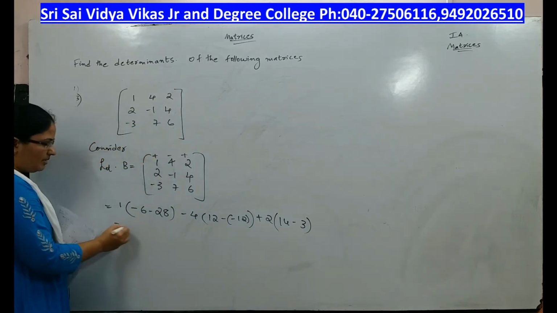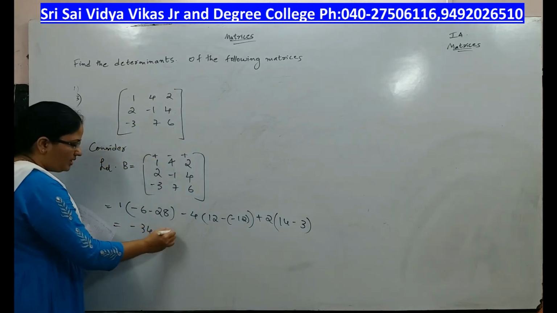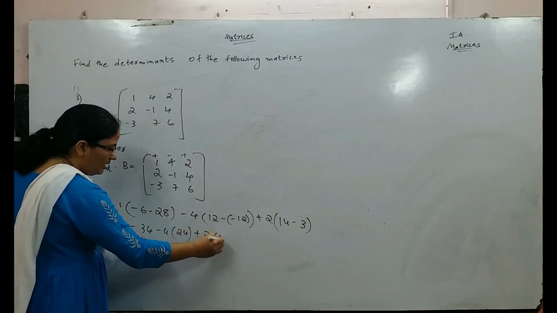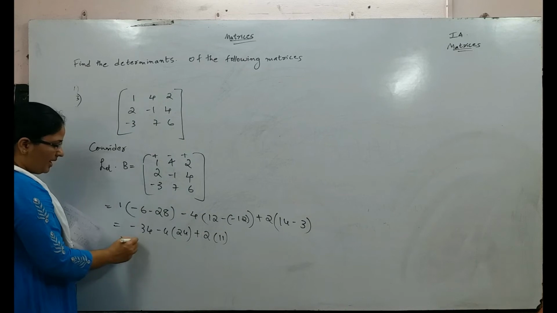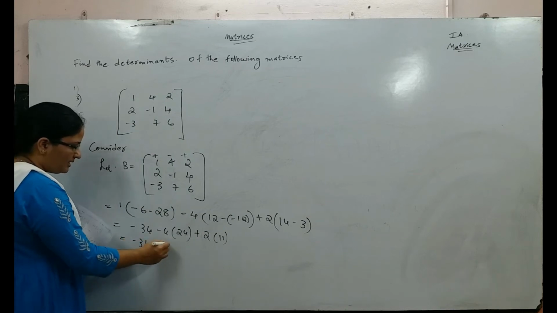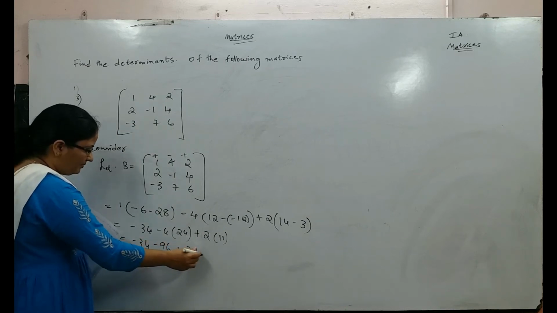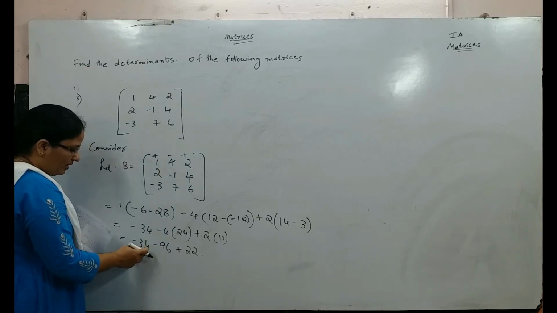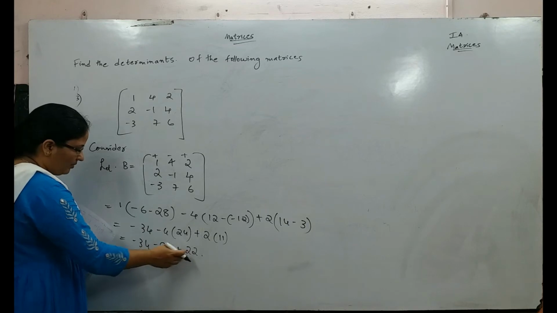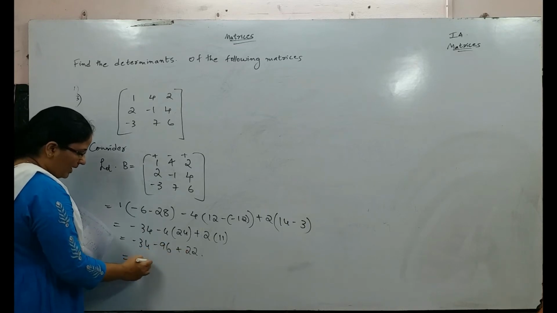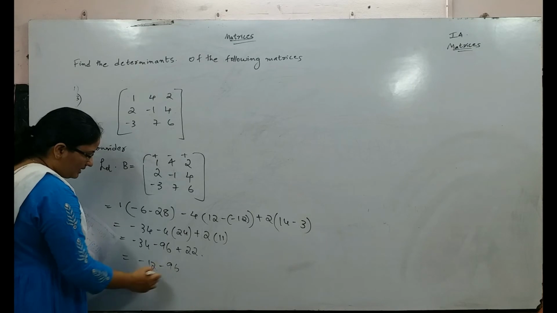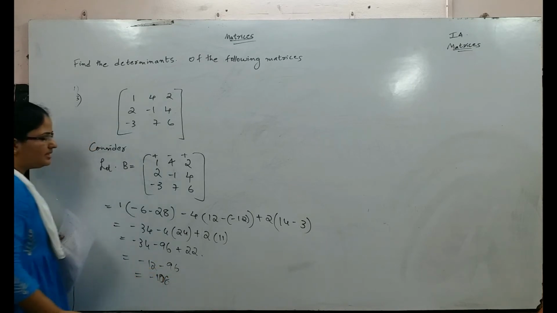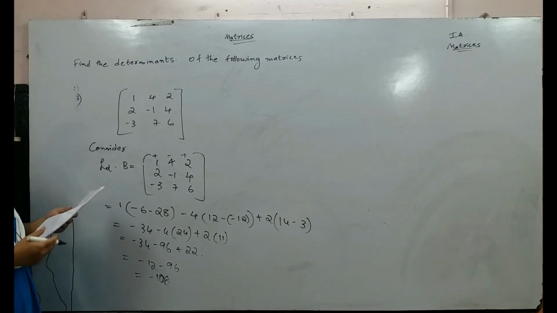So this is nothing but minus 34, minus 4 into 24, plus 2 into 11, that is minus 34 minus 96 plus 22. Now 34 minus 22 will give you 12. So minus 12 minus 96 is equal to minus 108. So minus 108 is the determinant of this matrix.